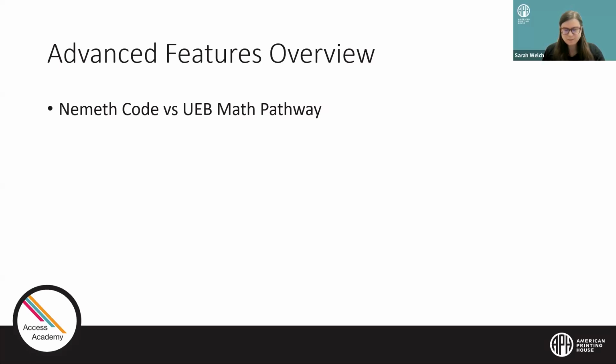So like I said before in the previous ones, obviously you all are familiar with the two, but just a little bit of background. One is not necessarily better than the other. There's advantages and disadvantages to both. Originally, Abraham Nemeth made his Braille code, the Nemeth Braille code, named after him, in 1952. It's been revised a couple of times since then.